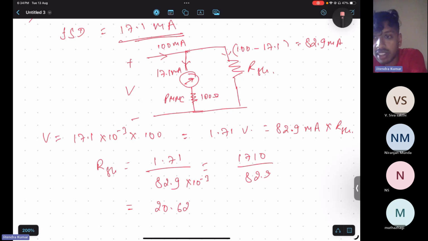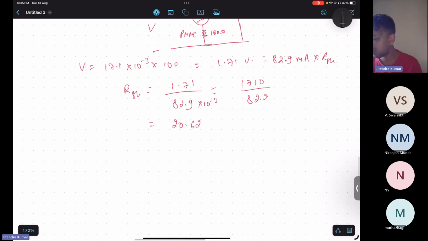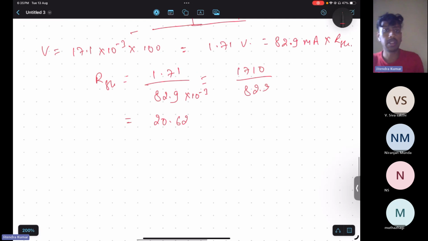Okay, so 20.6 is also what CY is getting. So we can discuss this solution also in the discussion forum. I don't know how so many errors are coming, but we have to focus on methods as of now, or we can calibrate if there are some errors, but this is the way to solve this kind of problem.